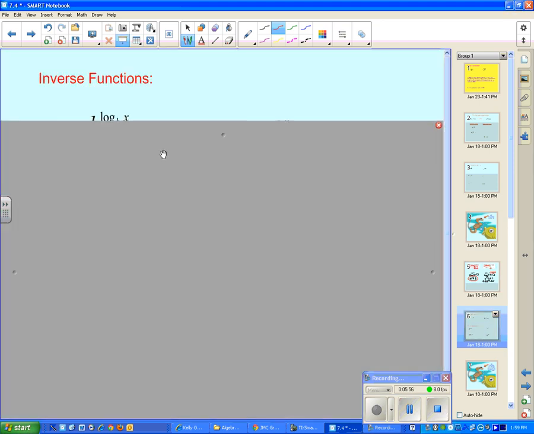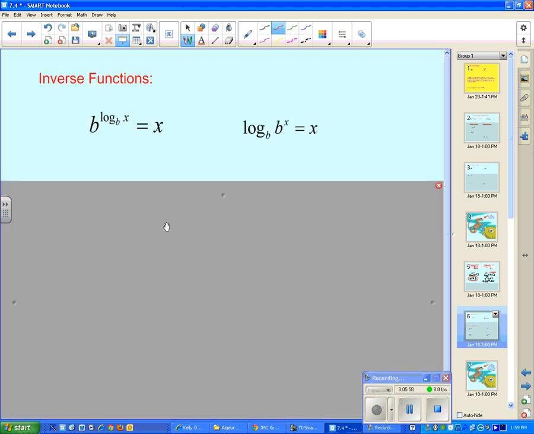The second part of this chunk of 7.4 is going to be based on 2 properties, these 2 that you see right here. I'm not going to prove these to you. They are a little bit tricky, but if you want to see the proof, it just goes back to the definition of log, and I can definitely show that to you.